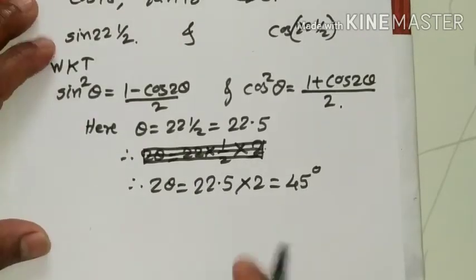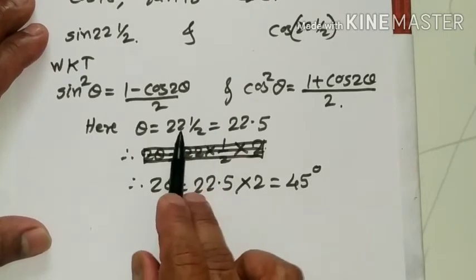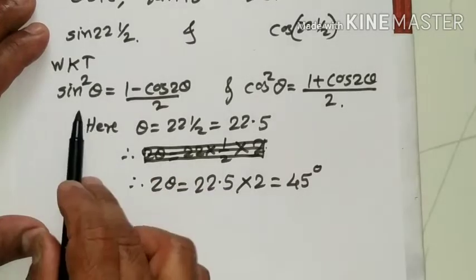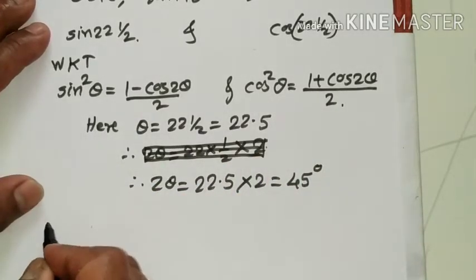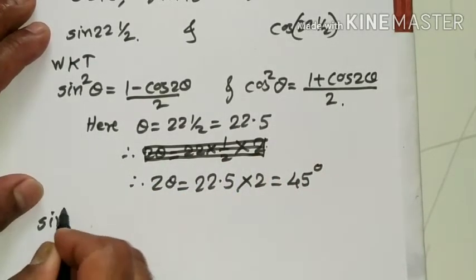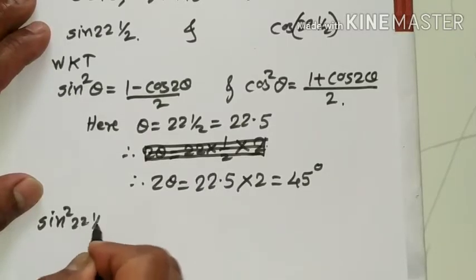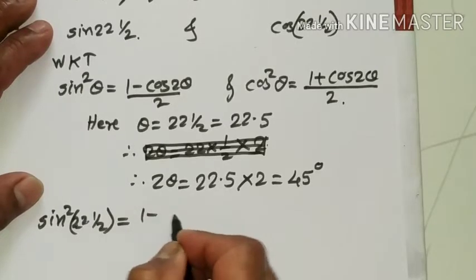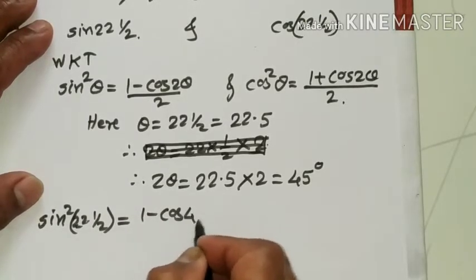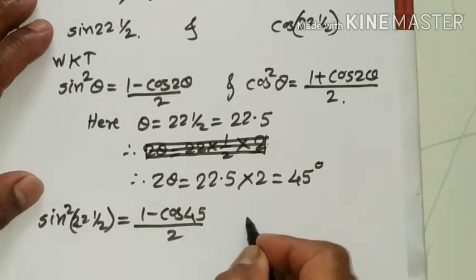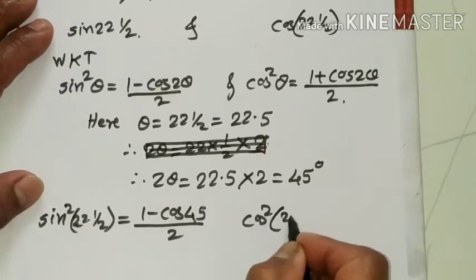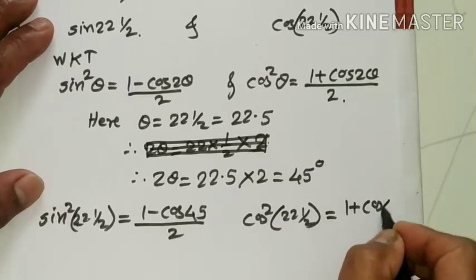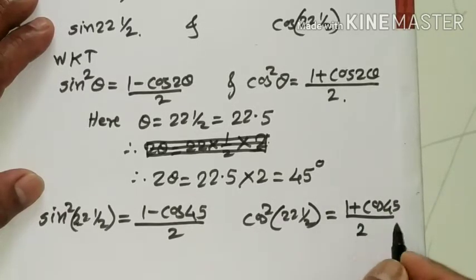Substitute value of theta is equals to 22 and half and 2 theta is equals to 45 in above two formulas. We get sin square 22 and half is equals to 1 minus cos 45 divided by 2, cos square 22 and half is equals to 1 plus cos 45 upon 2.